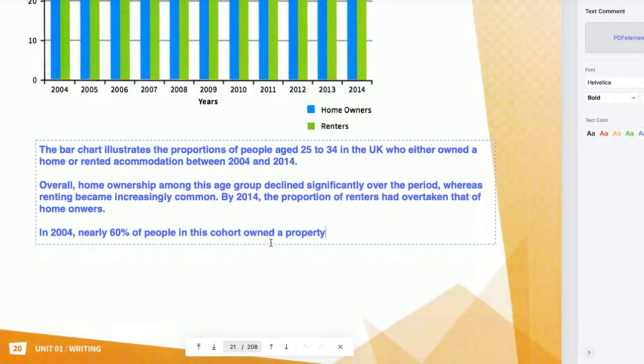O-W-N-E-D. Remember E-D, okay? Because this is in the past. If you just write with S, then it's wrong. Owned a property. Property is something like an asset. In this case, we can understand it like a house. So we pointed that group already. Nearly 60% of people in this cohort owned a property.